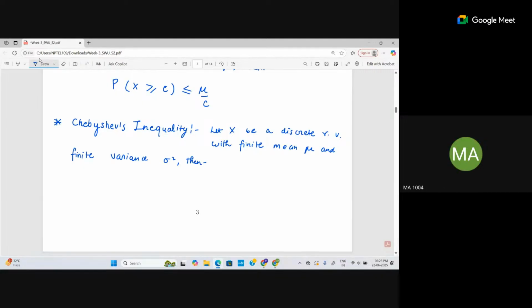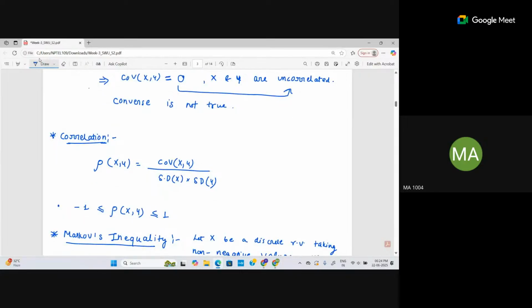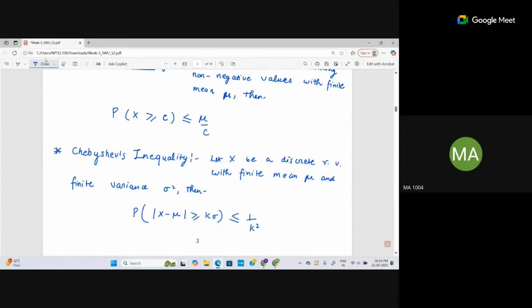Can you show the correlation formula one more time? Yeah, this is the multiplication. Thank you, ma'am. So this is Chebyshev's inequality.